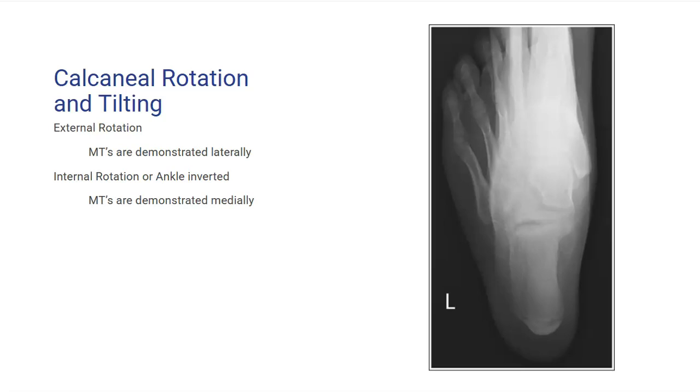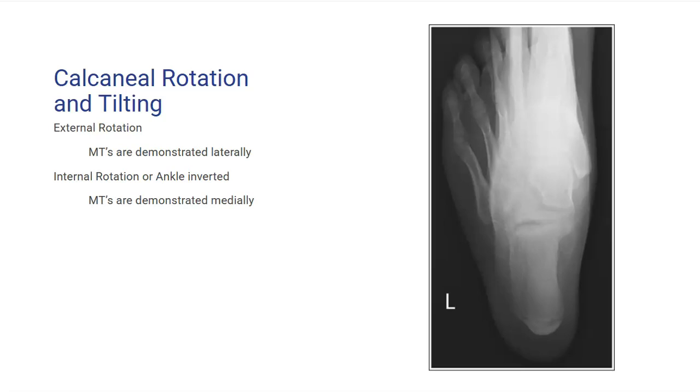So now let's discuss the importance of proper positioning of the leg and ankle to accurately attain an axial calcaneus projection. If the leg is internally rotated or the ankle is inverted, the first and second metatarsals will be visualized medially.